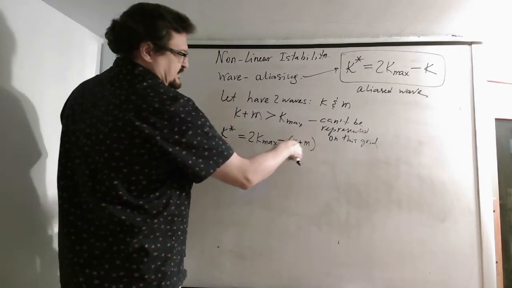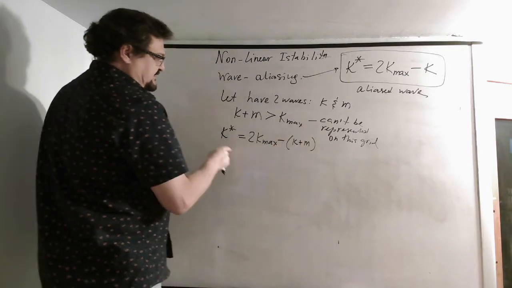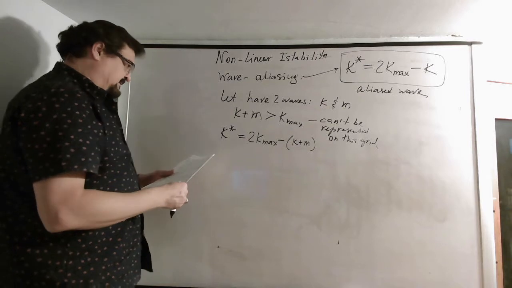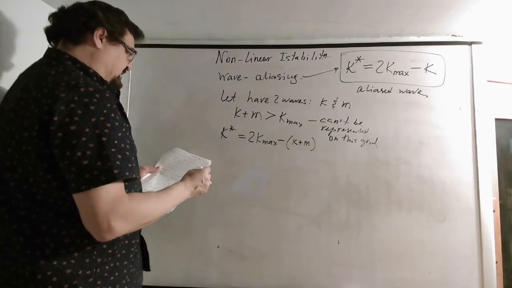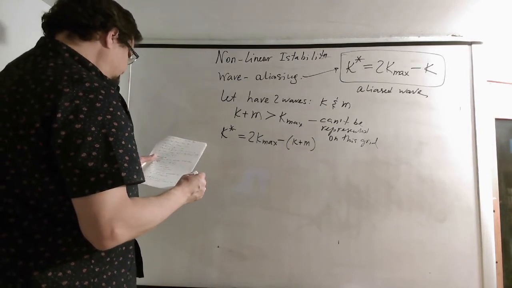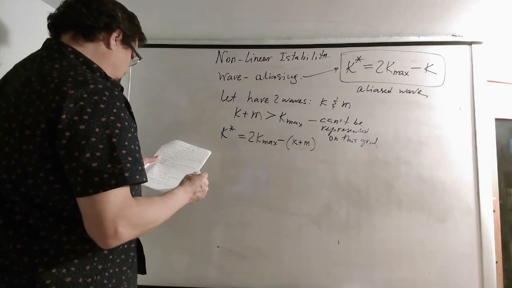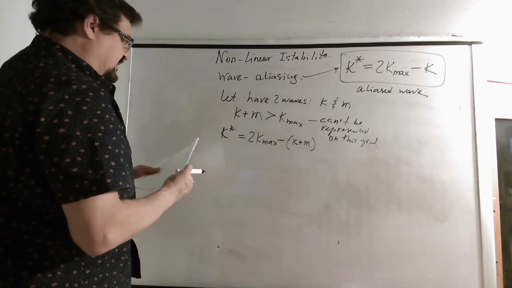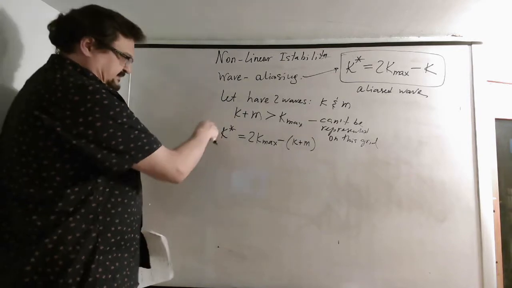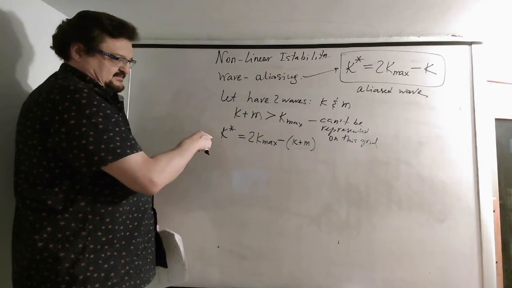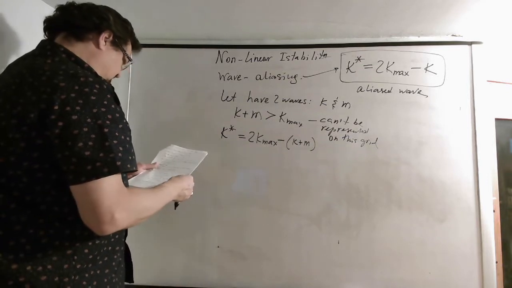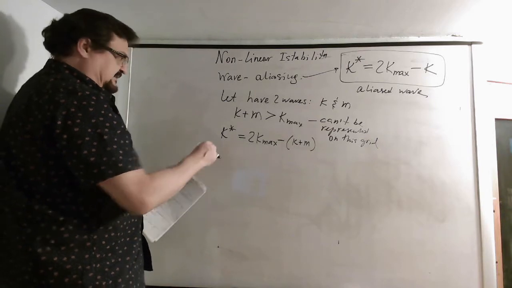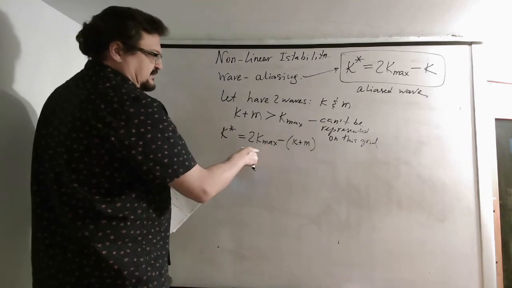So this is the wave number that cannot be represented, and this is the wave number that it will be represented as. Let's see if this wave can indeed be represented. For that, we need to show that this k star is smaller than k max.